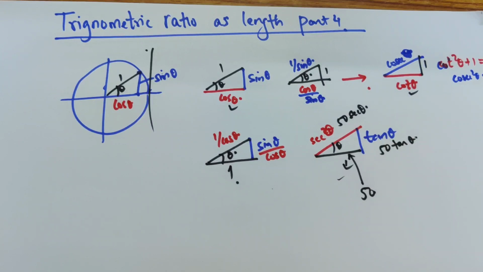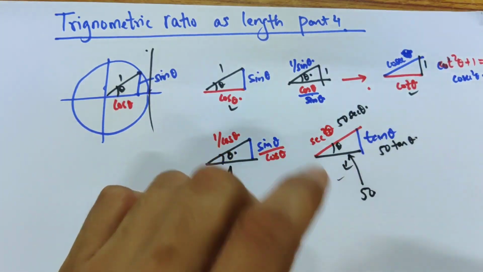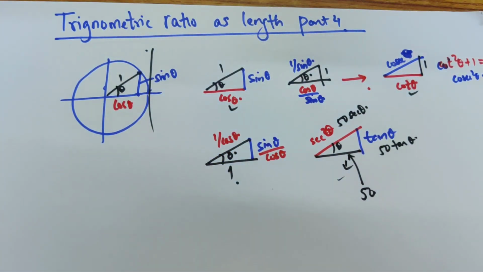You are still getting them as lengths, which means all the things we talked about on how tan theta is a length, and what will happen to tan theta as theta changes, is equally valid. Only because we had a unit circle before, you could easily see that secant theta and cosecant theta are 1 or greater than 1. That was very obvious.